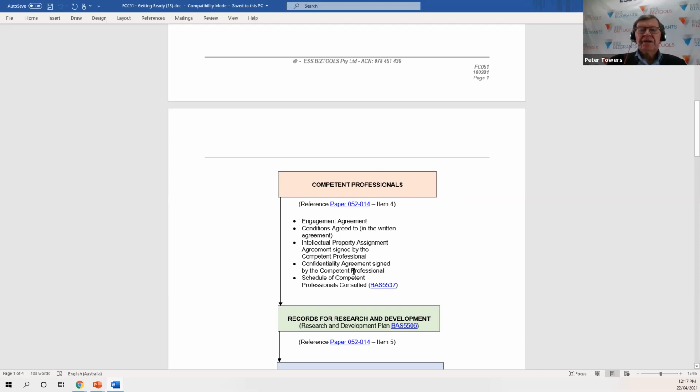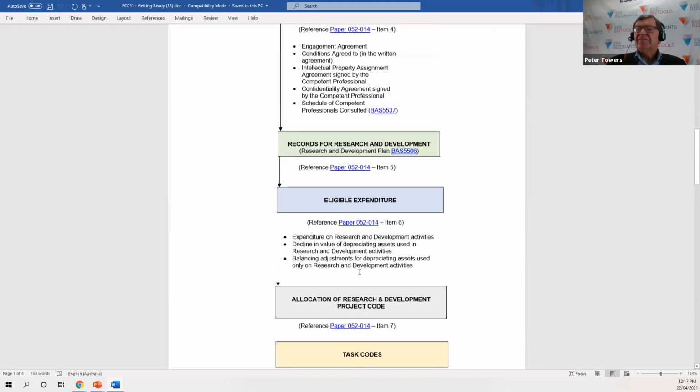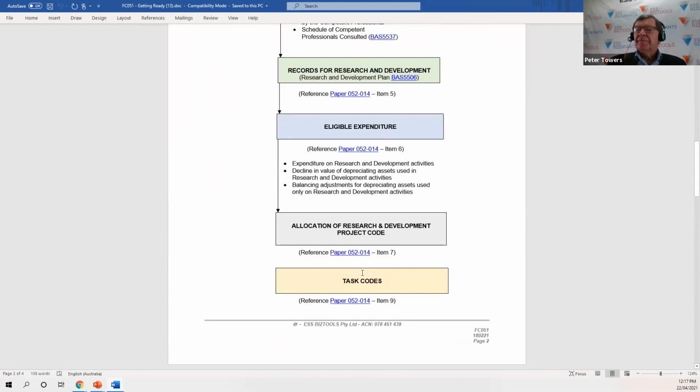And we've got some records which are listed in the form. Every R&D project should have a project number. Now, this is for the core research and development activities. These are the activities that are identified in the hypothesis. This is what we want to prove or disprove. And we recommend that there should be task codes, and these should be developed for the individual business.